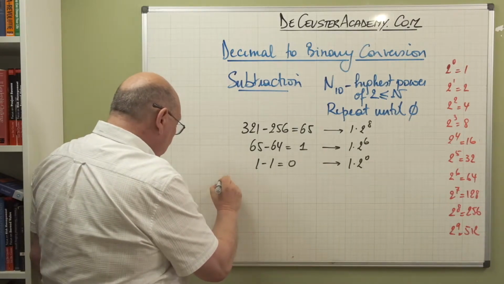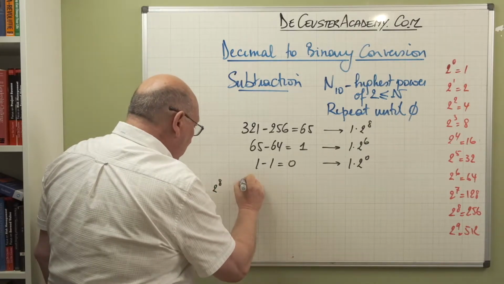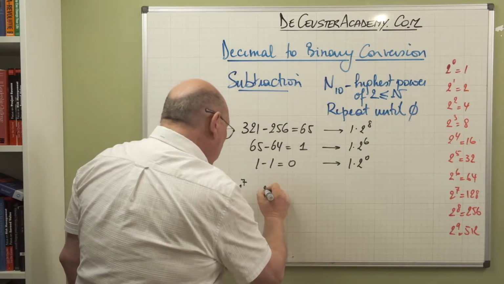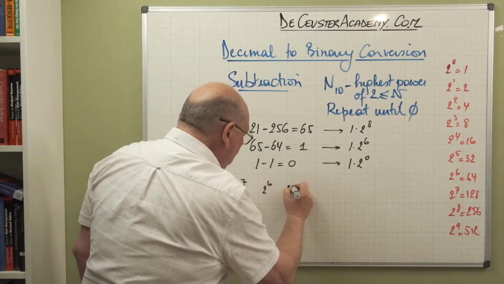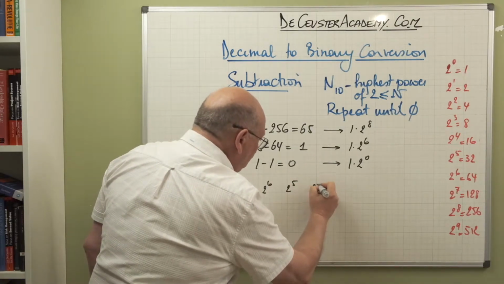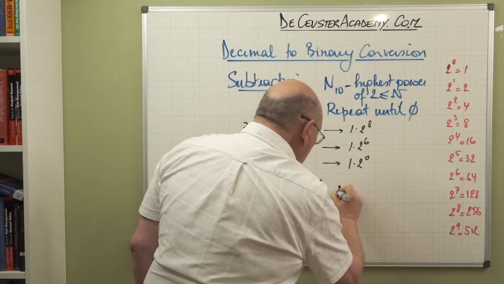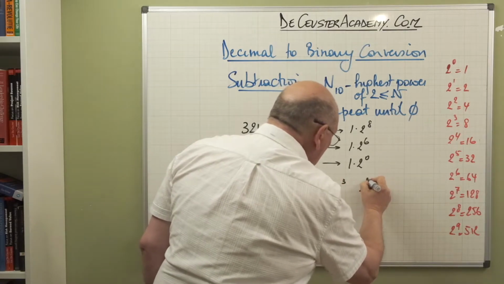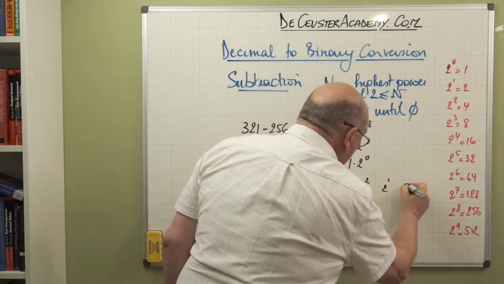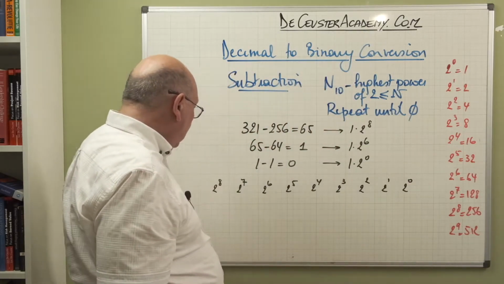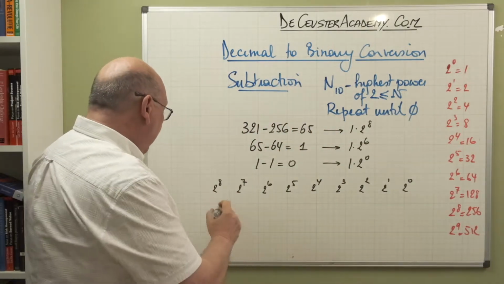I can say 2 to the power 8, 2 to the power 7, 2 to the power 6, 2 to the power 5, 2 to the power 4, 3, 2, 1 and 0. And I just select the numbers that I had.